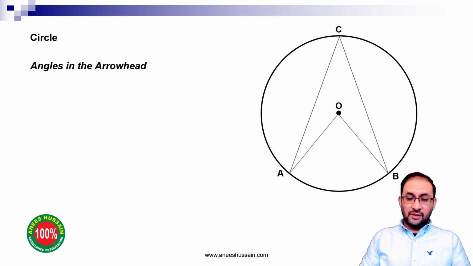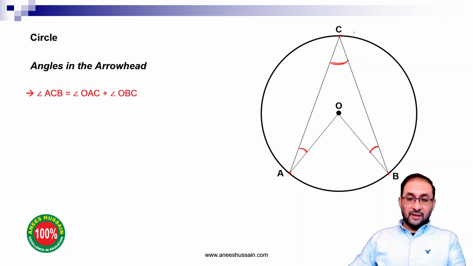Let's discuss what happens. The idea is that when you draw an arrowhead like this, in such a way that vertices A, B and C are on the circumference of the circle and vertex O is in the middle at the center of the circle, then the angles at the corners at the tail, the angle A here and the angle B here, when you add them together, you get the value of angle C. So what I'm saying is that angle ACB, which is the angle at the top here, is equal to angle OAC, which is the angle here, plus angle OBC, which is the angle here.